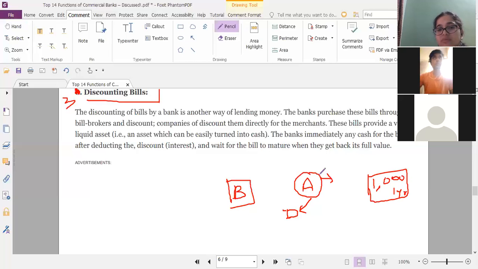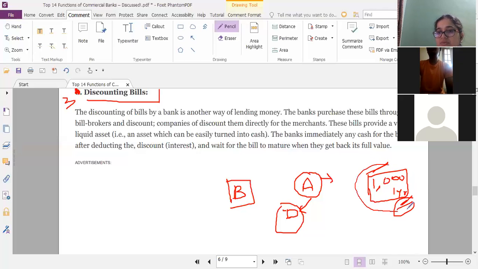So A is giving this bill to D. This bill is actually given when they are trading in between. Supposing D is giving some goods or services to A, and A in turn makes his payment by giving this bill of 1000 which has a maturity of 1 year. That is, he can get this 1000 rupees only after 1 year, right?